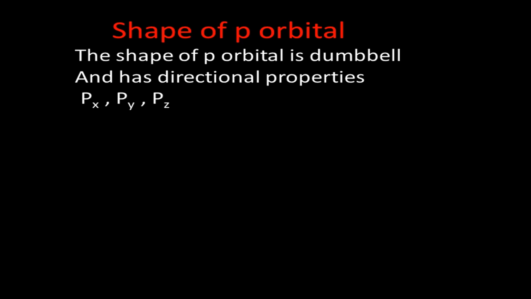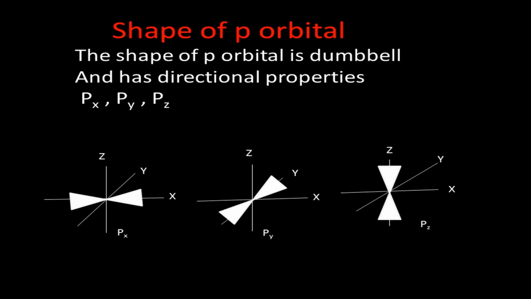That is px, py, and pz. Those are the orientations. The shape of px is in the direction of x, the same as py in the direction of y, and pz in the direction of z.